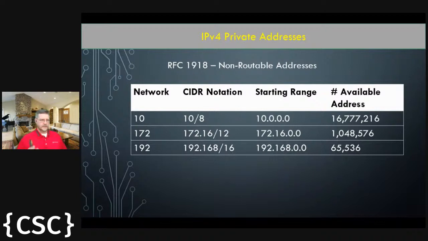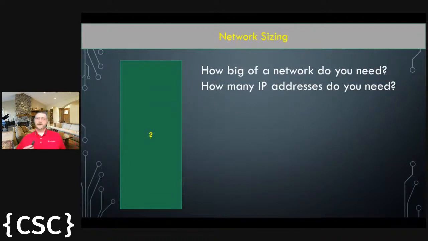And then we'll touch on why I'm specifically doing this. So when we look at sizing a network, we need to understand how big of a network we need, and how many IP addresses we need to fulfill all of our needs, our requests there.